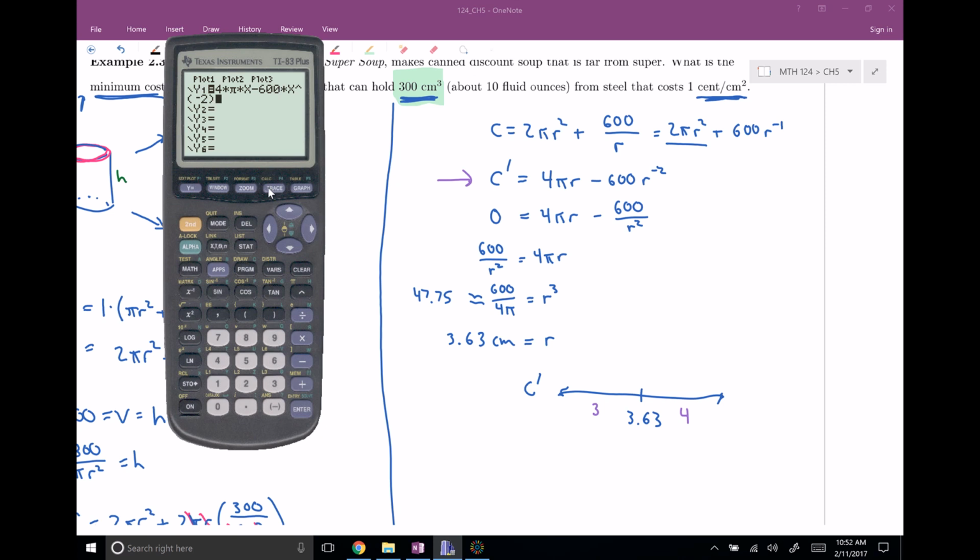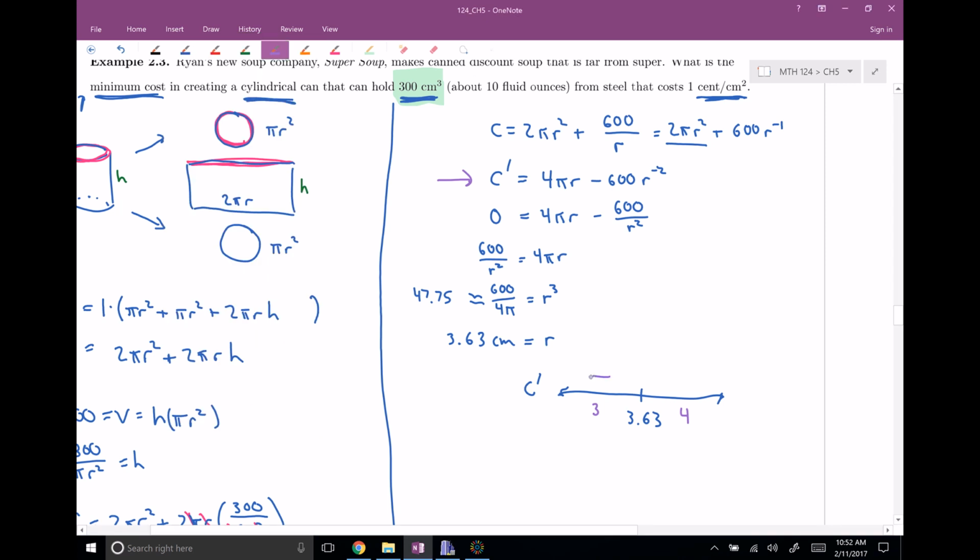And now I'm going to go ahead and look at my table. So second graph will give me the table. 0 is of course undefined, right? Doesn't really make sense there, because then you'd be dividing by 0 squared. Okay, so at 3, we can see we have a negative number.